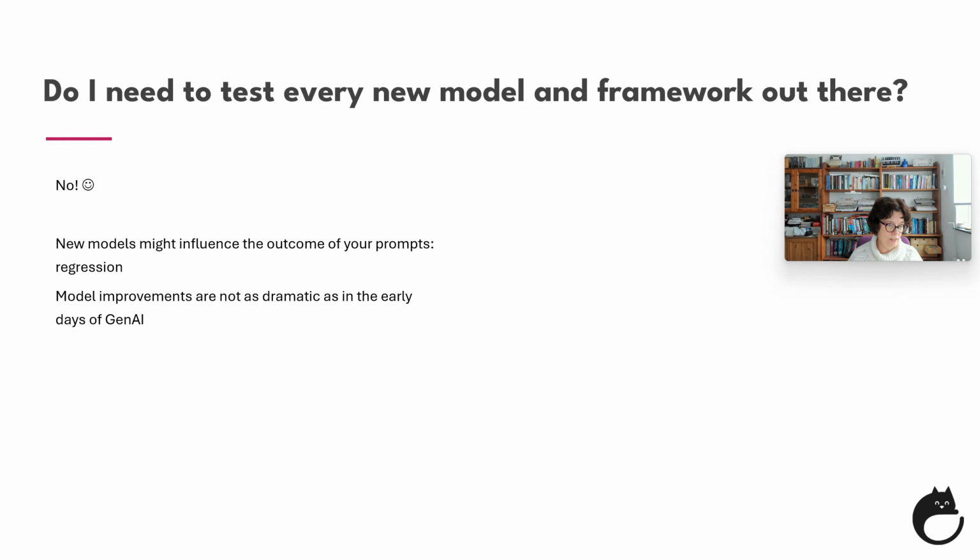I must say that GPT-4 to GPT-5, yes, there was some improvement in robustness and data handling, but for most of my prompts, which are mostly about content, I didn't see that much of a difference. Or even worse, I saw some of my prompts actually regressing, giving suboptimal results compared to GPT-4, for instance.